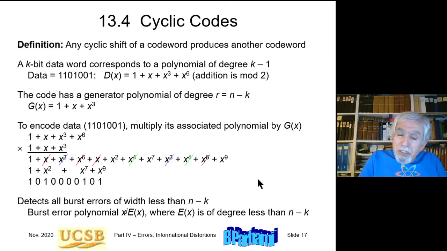Now burst errors do not have to be unidirectional. As long as two consecutive bits are affected, one can change from 1 to 0, the other one from 0 to 1, it's still a burst error. Burst means the effect of the error is limited to consecutive locations.